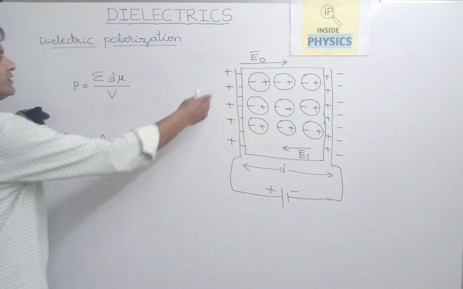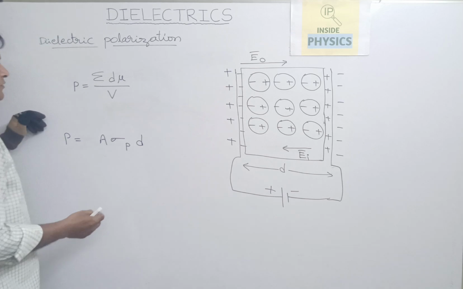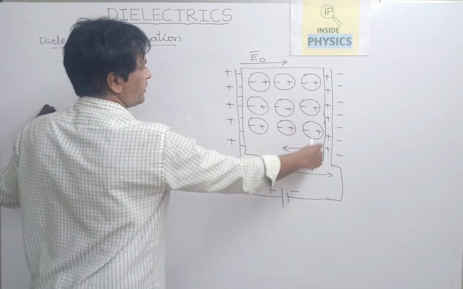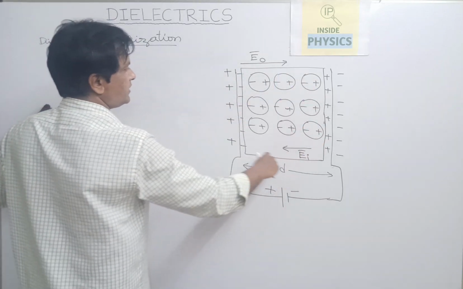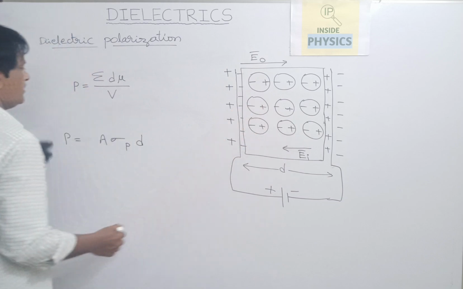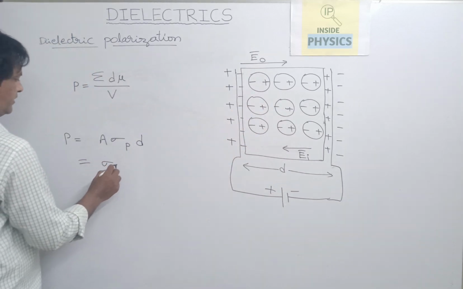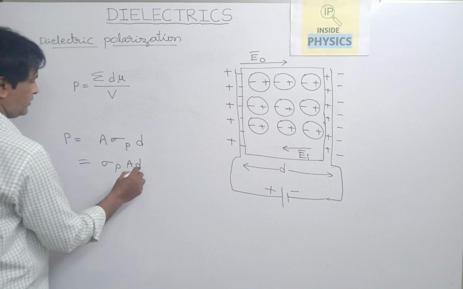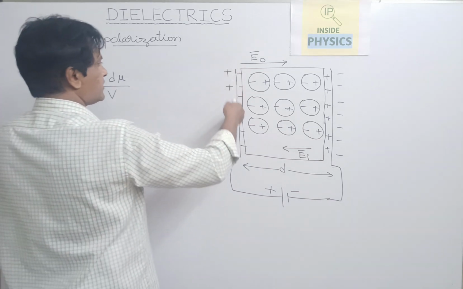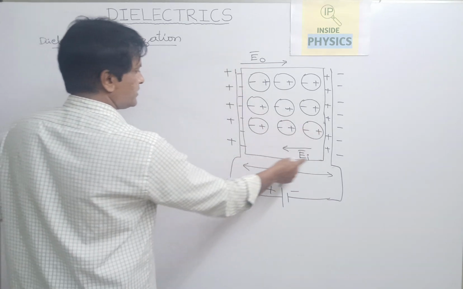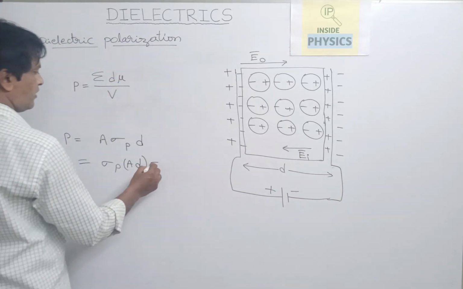So the total polarization can be written as sigma p into A into d. The area of cross section into the distance between the plates gives the volume.